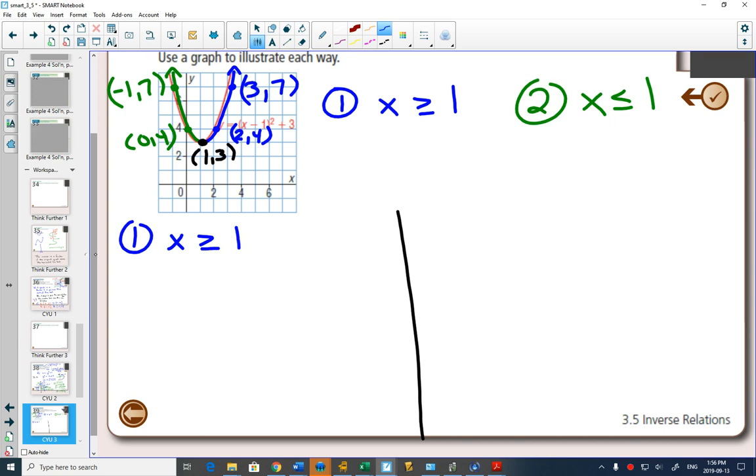If I draw a graph of what results, 1, 3, when I switch the x and the y, will become 3, 1. Again, I'll label that point in black because it was labeled in black on my original graph. What's going to happen to 2, 4?